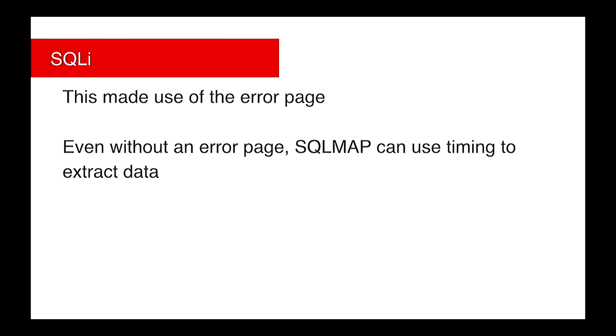So this made use of that error page, which gave us some feedback. But even if you have a bog standard error page with no feedback provided, SQLmap can still pull back the data. It just falls back to a timing attack and runs a bit slower.